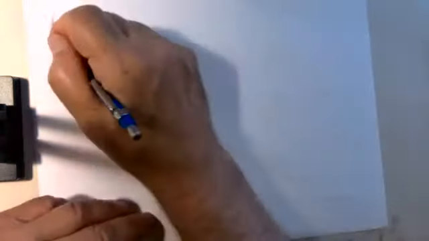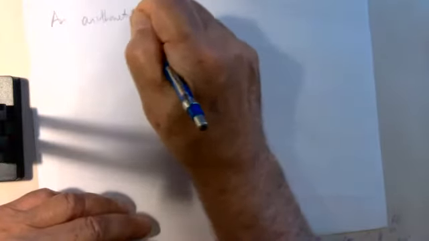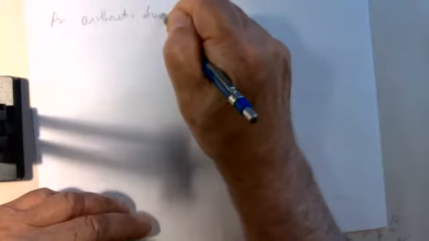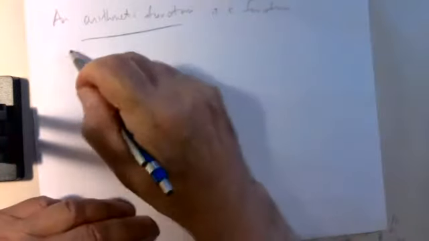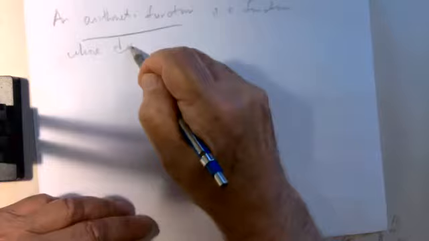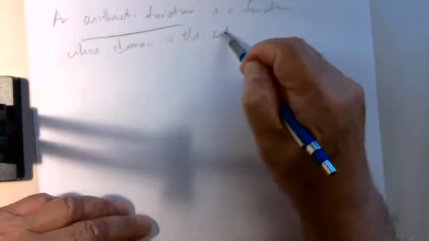So phi of m is an example of what is called an arithmetic function. This is just a function in arithmetic. An arithmetic function is a function whose domain is the set of positive integers.